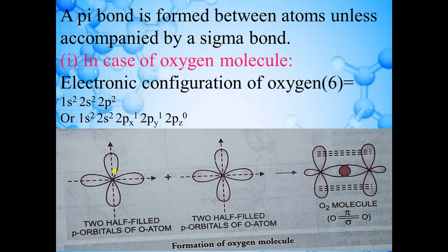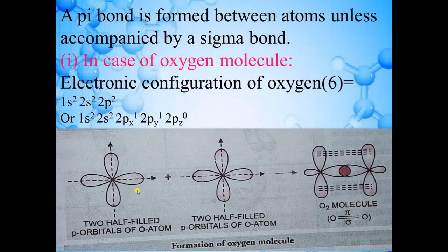So here we will draw the atomic orbitals of 2px and 2py. As there is no electron in 2pz, there is no need to draw the 2pz here. So 2px and 2py are present here. One is 2px and another one is 2py.